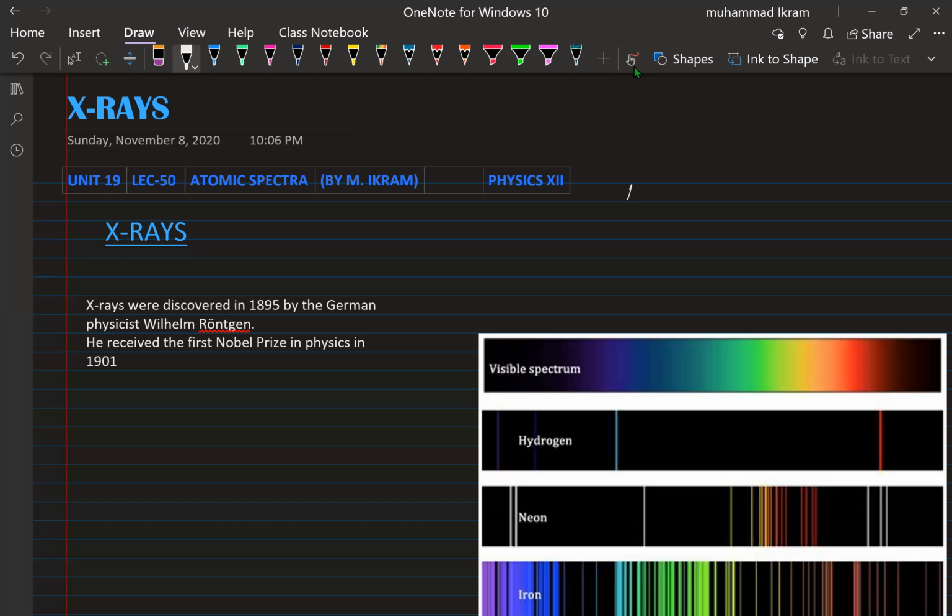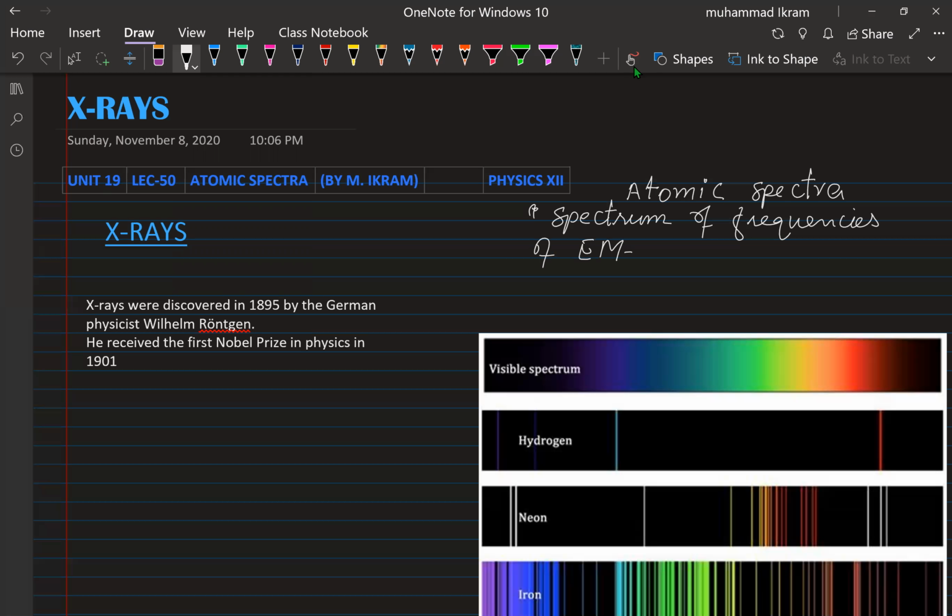So the atomic spectra, let me introduce it to you. What really does atomic spectra mean? Atomic spectra is in fact the spectrum of frequencies of EM radiation.